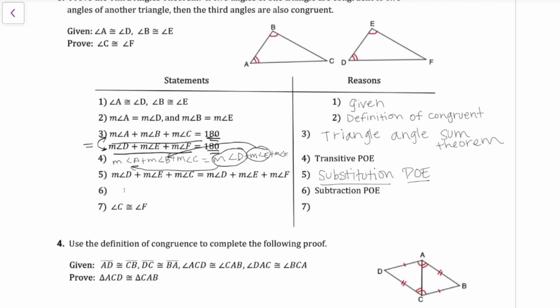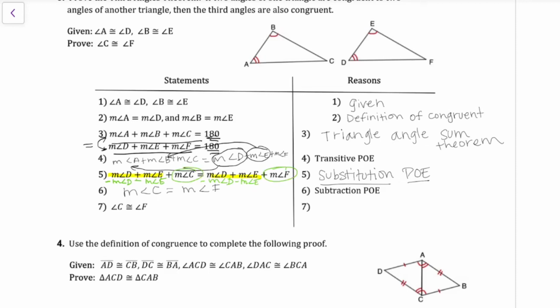The next line says the measure of angle C is equal to the measure of angle F because of the subtraction property of equality. The left side has the measure of angle D and the measure of angle E, and the right side has the measure of angle D and the measure of angle E. So we are going to subtract those D and E from both sides of the equal sign, and that will be the subtraction property of equality.